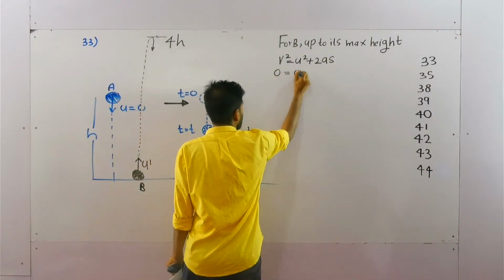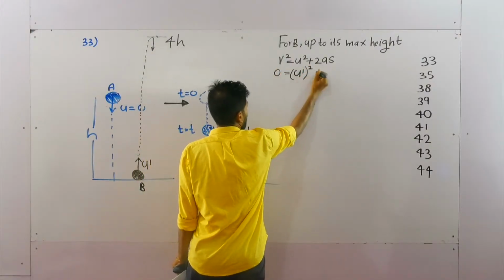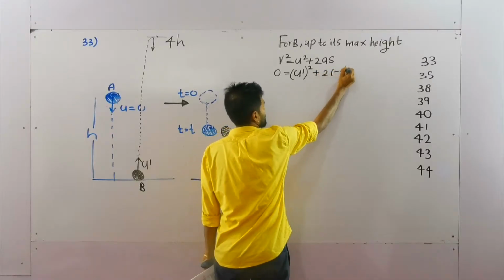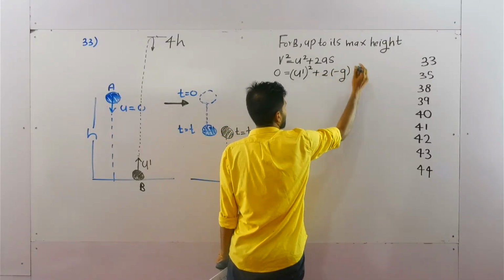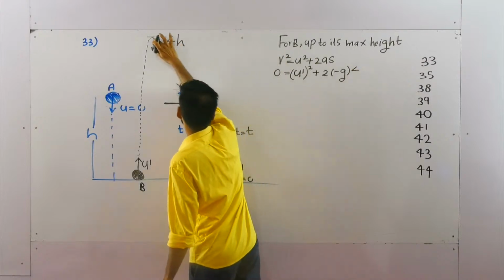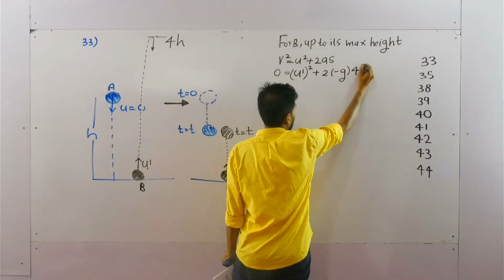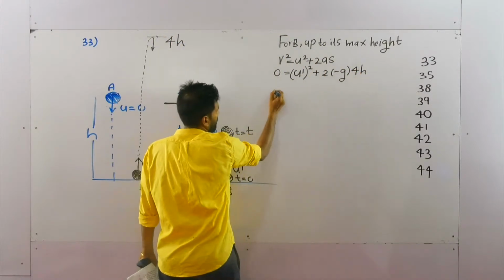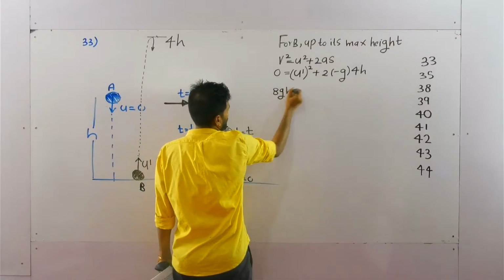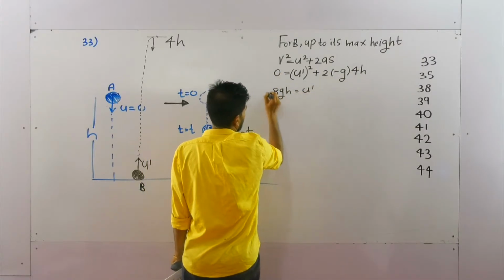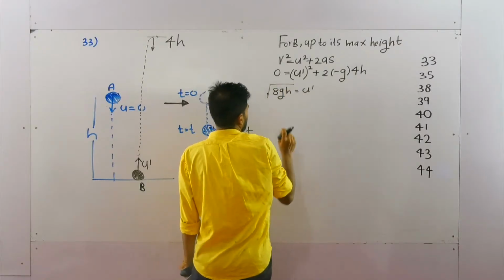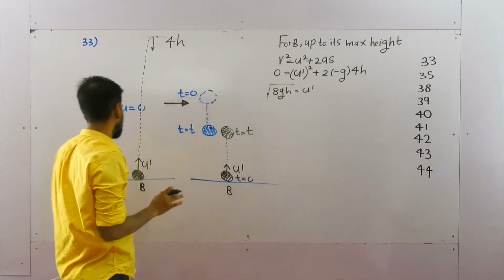Initial velocity is u dash squared, 2 times minus g, times the maximum height until the velocity becomes 0. It's 4h, in terms of h. So 8gh. I'm taking this to the other side: u dash squared equals 8gh, so root 8gh is its initial velocity.